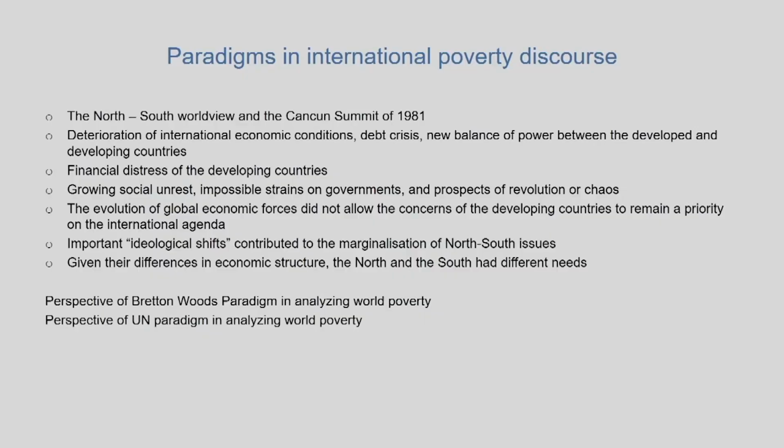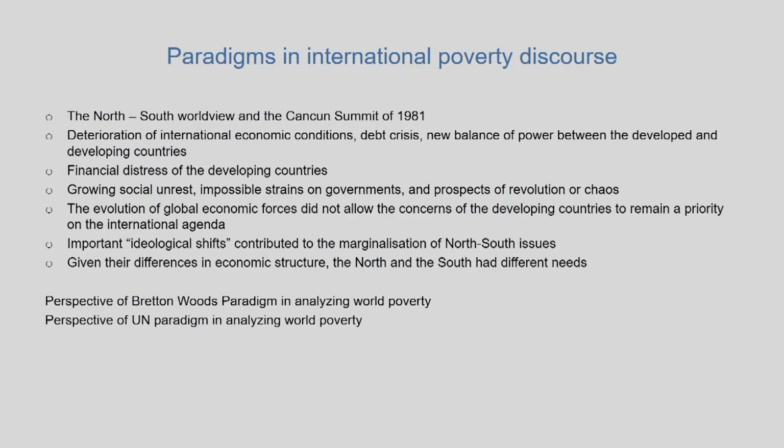On the one side, the Bretton Woods institutions consider poverty as a residual, as something which is declining, something which is waning across geographical regions in different countries of the world, whereas the UN paradigm looks at poverty as being something on the rise, inequality being on the rise, and because of globalization and its disparate effects on different countries across the world, it looks at poverty and inequality as a serious problem.